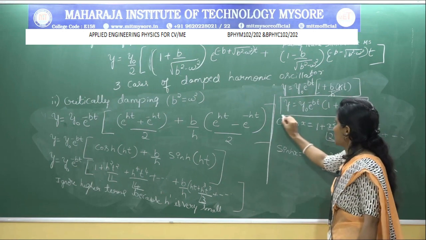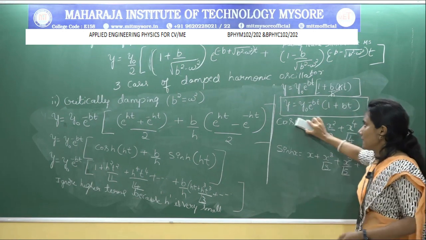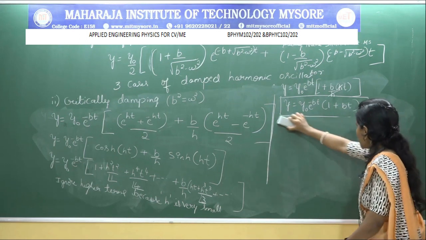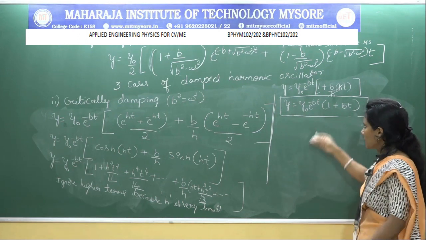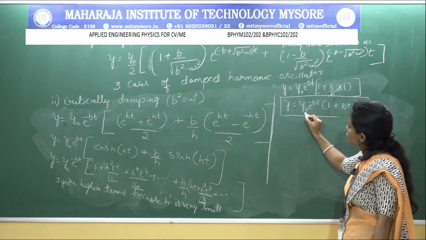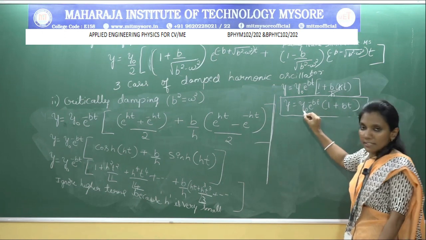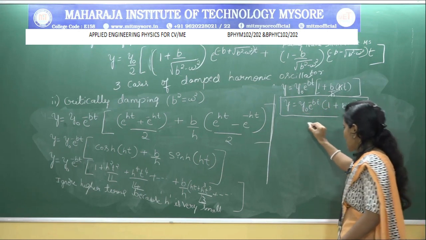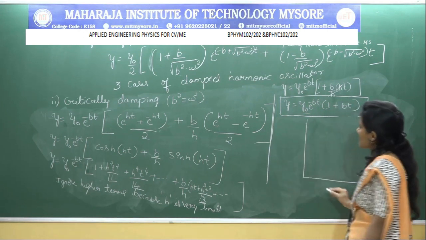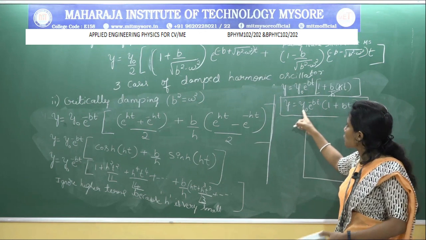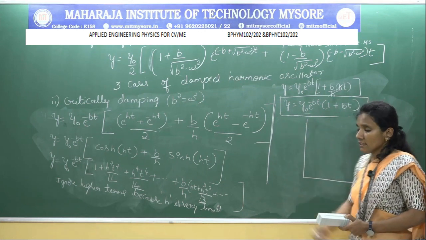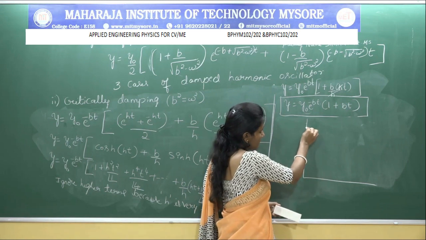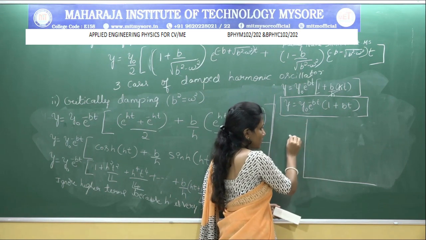So this is the displacement equation for the critically damping case. Y is equal to, and here this is the amplitude, initially with y naught and e to the power of minus bt. In this critically damping case, the term decreases exponentially within a short interval of time.